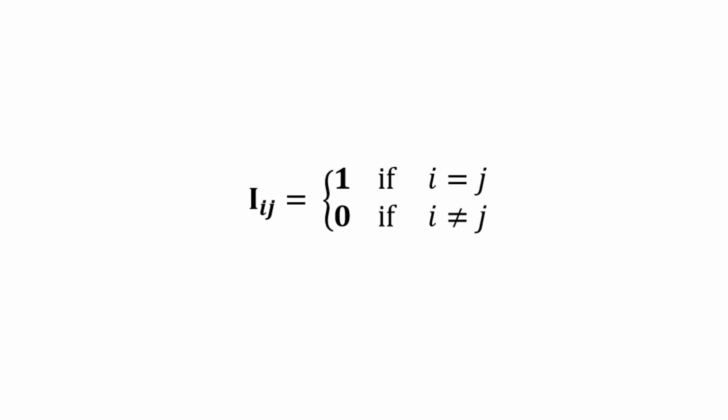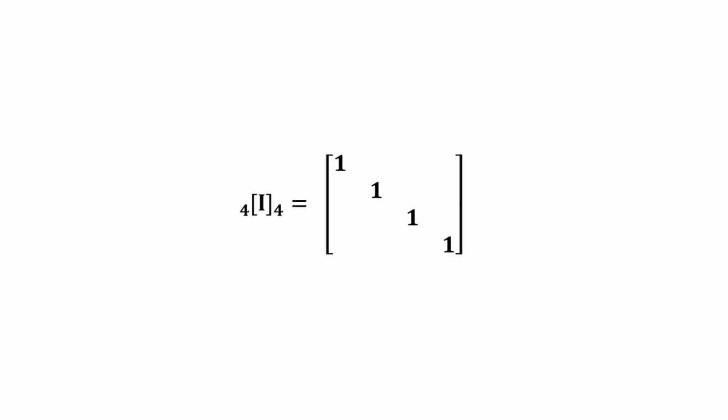For example, if we have an identity matrix with the indices i and j, when i and j are equal, that element will be 1. When i and j are not equal, that element will be 0. Further, identity matrices will always be square matrices, square and symmetric. Given what we just learned, if we had a 4x4 identity matrix, it would look just like this. Please make a note here that we are omitting elements that equal 0.